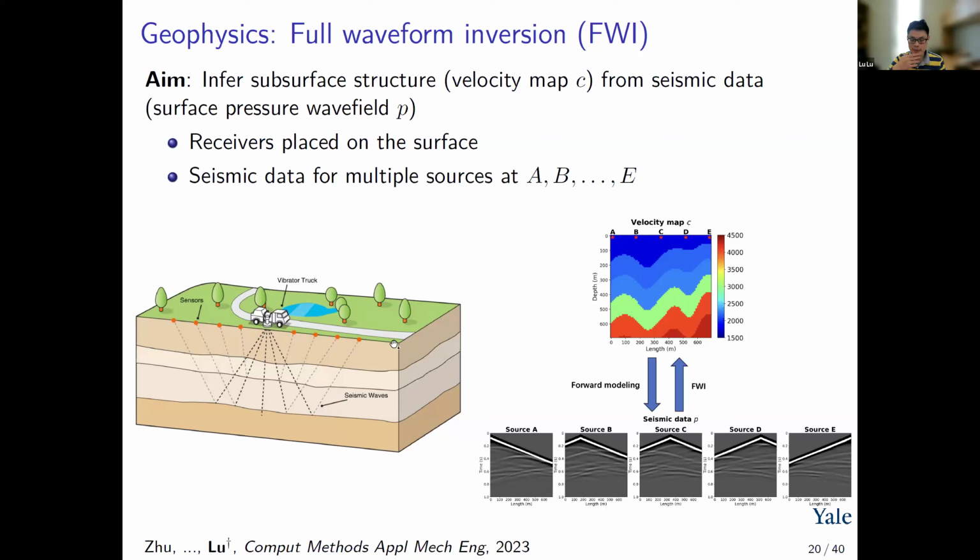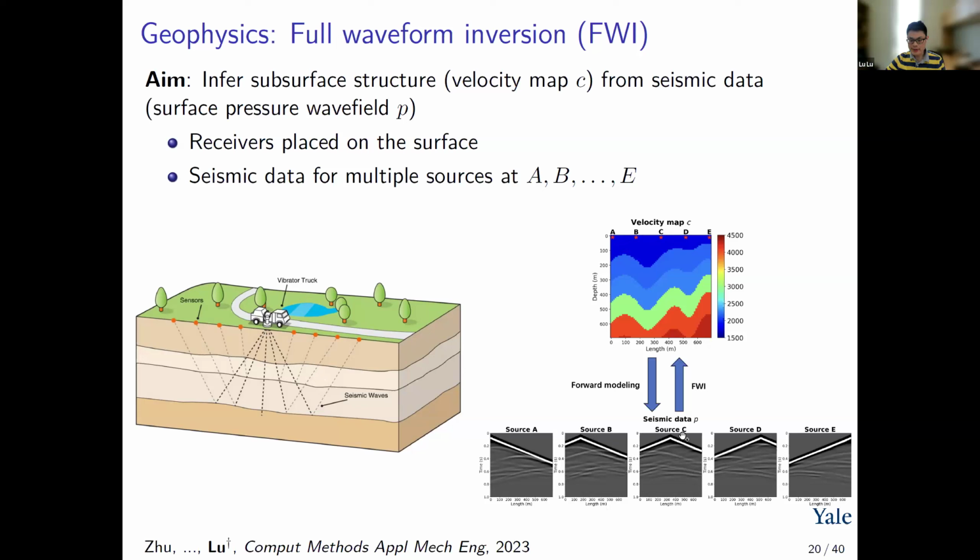Actually, in this example, we have 70 sensors, and each sensor receives a time series signal. Then we put all these signals into a single matrix, so each column is a signal received by one sensor.